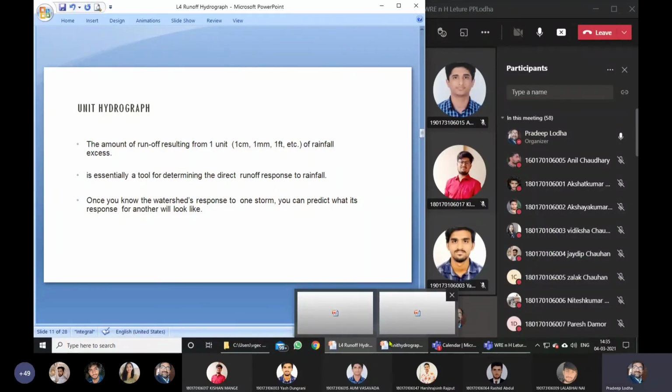So the unit hydrograph is essentially a tool for determining the direct runoff response to a rainfall.